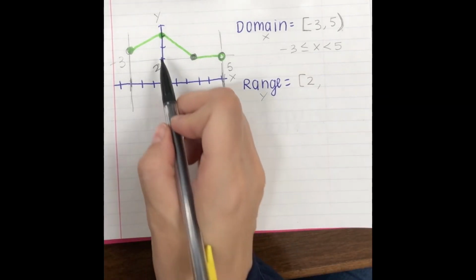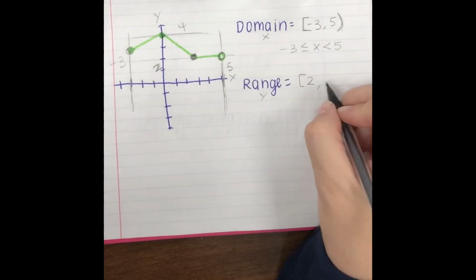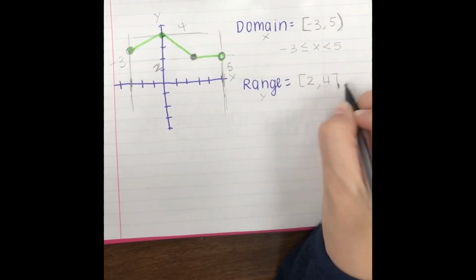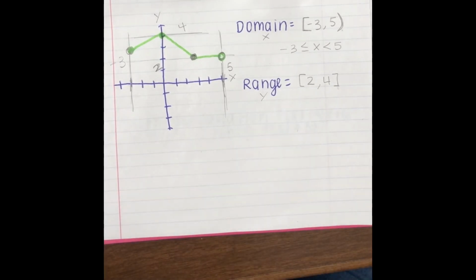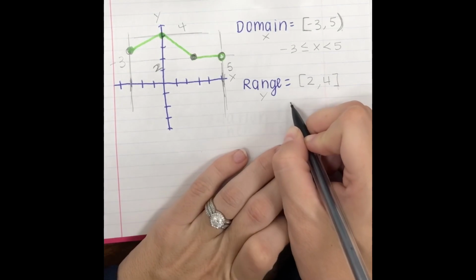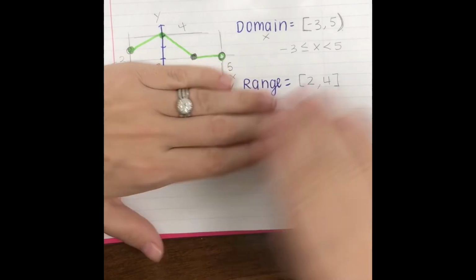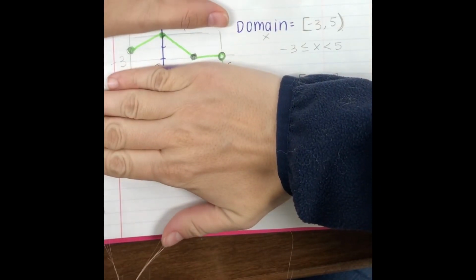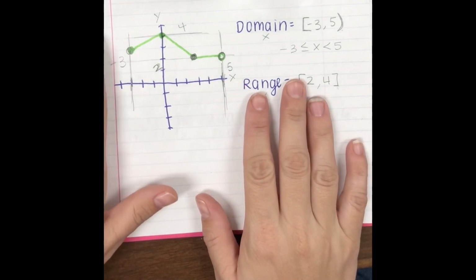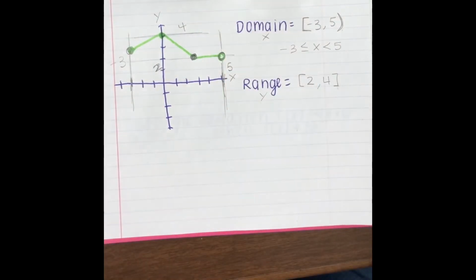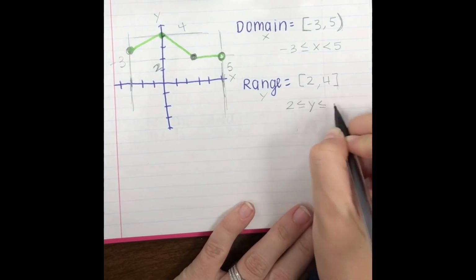And then the highest up we have a point is right here, which is at 4 on my y-axis, and it is also a closed circle, so it gets a bracket as well. So my range runs from everything inside of that function is in between 2 and 4 on my y-axis. Just like on my x-axis, everything's between -3 and 5. So 2 is less than or equal to y, which is less than or equal to 4.